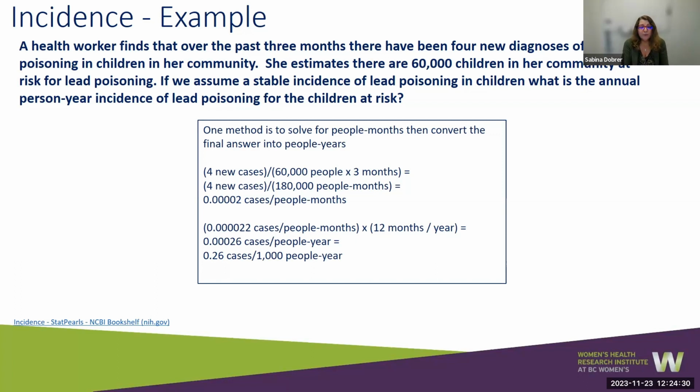Because if your readers see something like 0.0002 cases per month, it's really hard to comprehend what the incidence of lead poisoning in your population was. But when you say, oh, there were 0.26 cases per 1,000 person years, it's much easier to understand rationally what the incidence actually was.